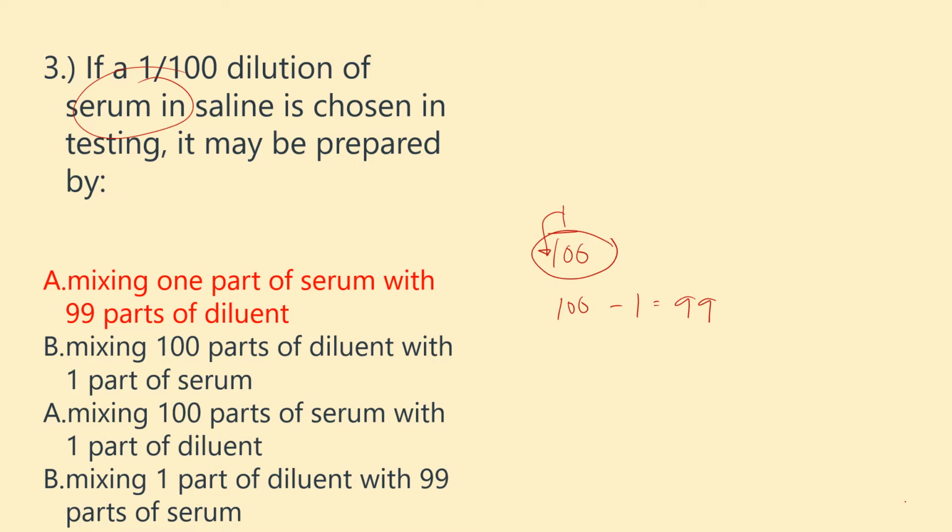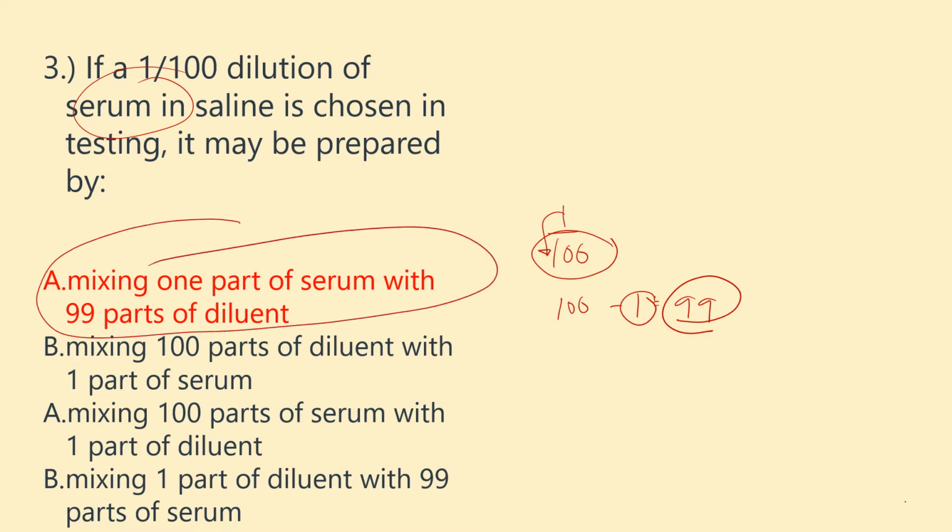So one part of the solution is composed of the solute, then the rest is to be comprised by the diluent or the saline in this case. So we are going to make a 1 over 100 dilution of serum and saline by mixing one part of serum with 99 parts of diluent.